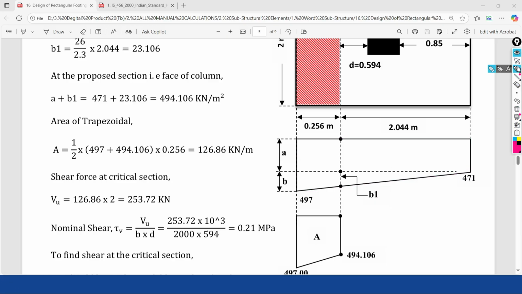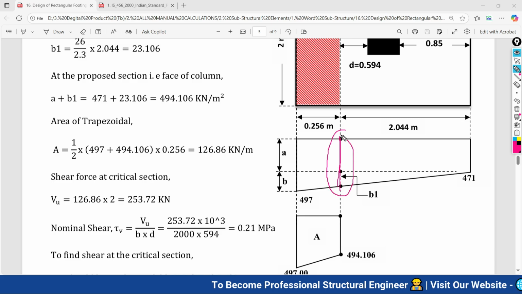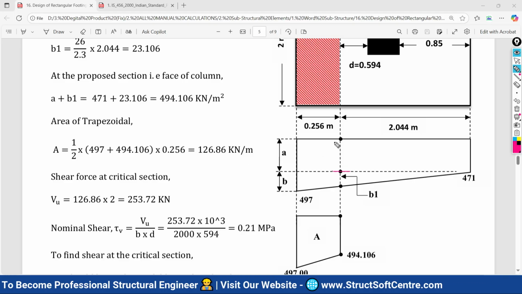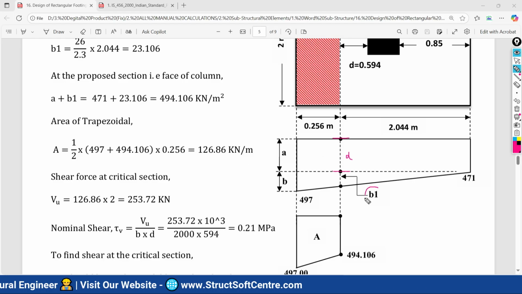And we have to calculate the intensity of the pressure at a critical section, because our proposed section is at a distance of d. So we need to find out the intensity of the pressure at this section. For that, we already know this height A. Now in that A we have to add the B1 value, so you will have the total intensity at this proposed section.